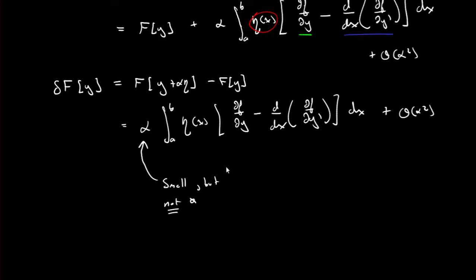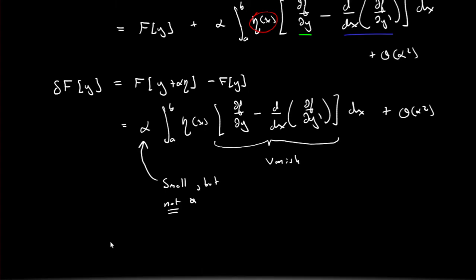So because eta is arbitrary, it doesn't have to be zero, right? To guarantee that this is always zero, we would need for this to vanish. And that's our condition, which we're going to write bright and shiny on a new page as the partial derivative of f with respect to y minus the derivative with respect to x of the partial derivative of f with respect to y prime.